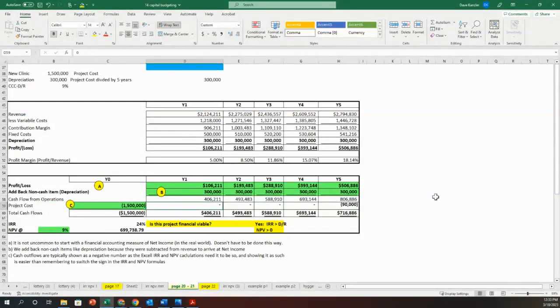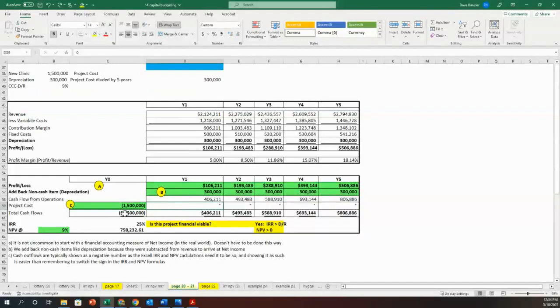So there are cases where your project cost outflows may not all occur in year zero, but that's fine. You just have a model that accounts for that outflow in a future year. I'm not going to be that tricky with you on the homework, I'm just going to be pretty straightforward. But you see, my model does allow for that as a potential.